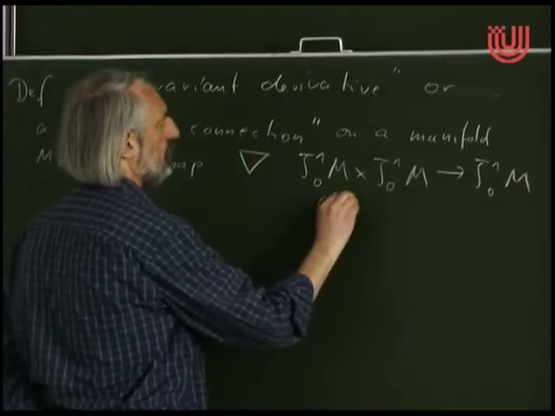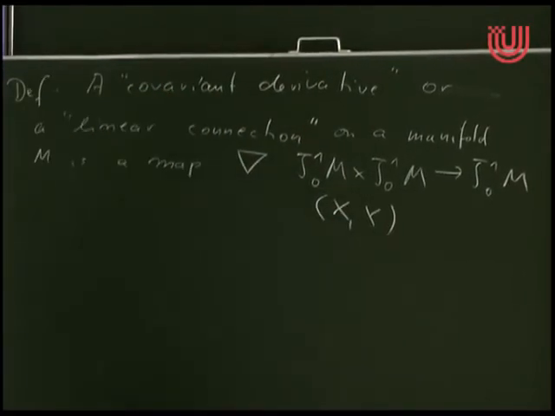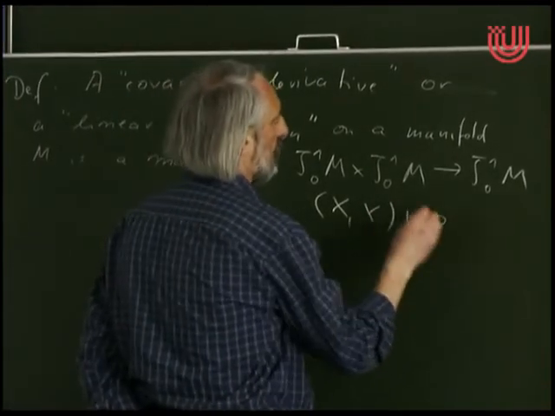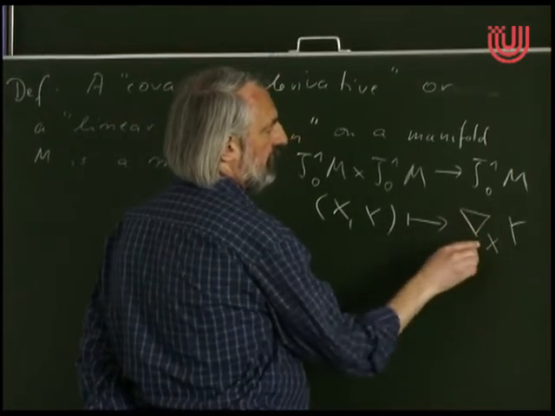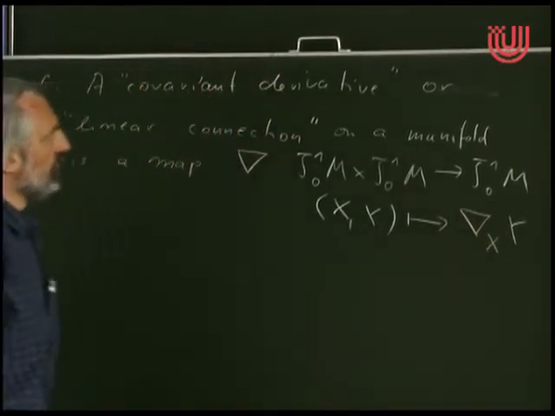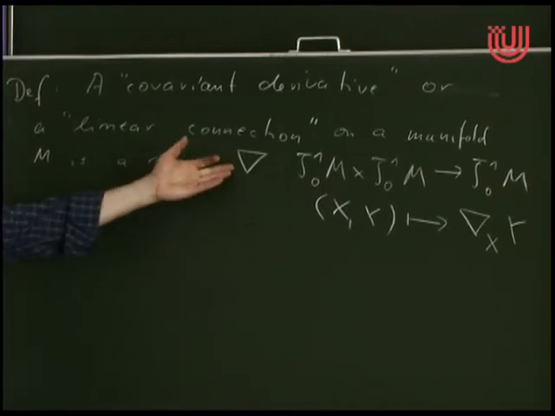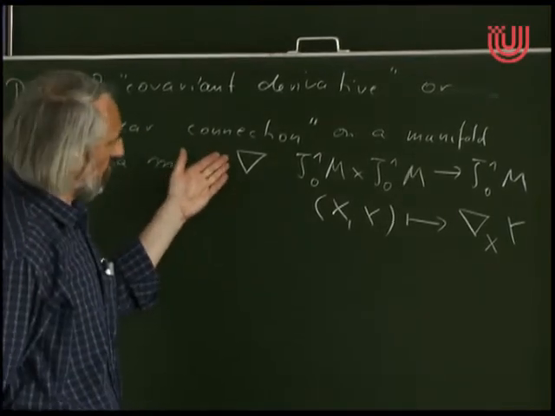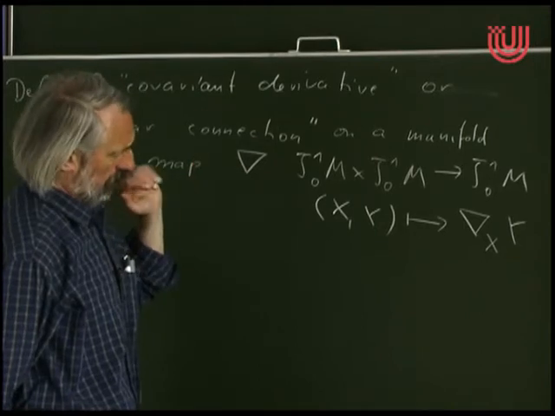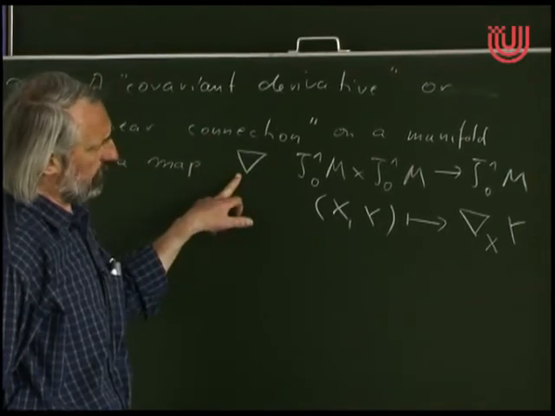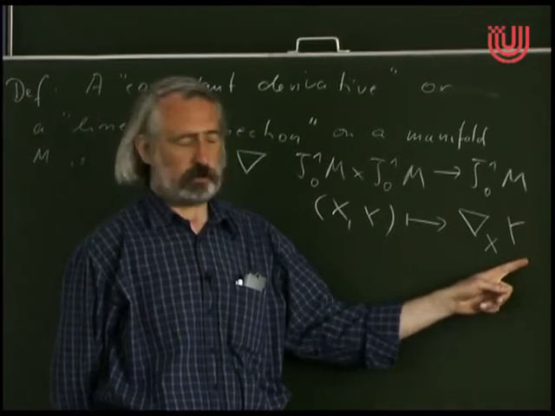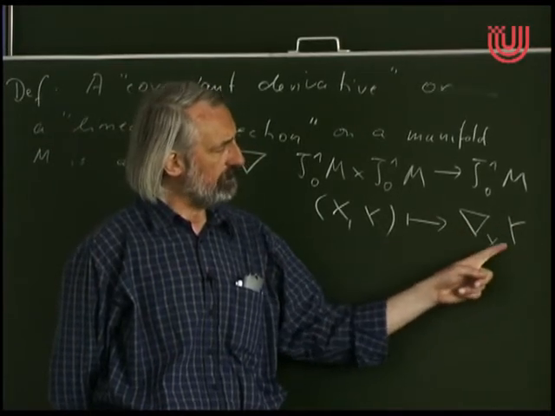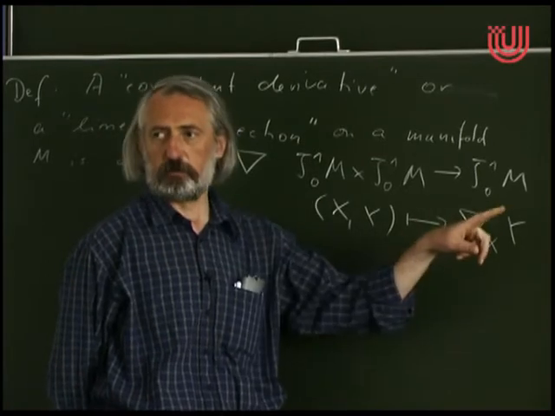So I need two vector fields as the arguments, and then it gives me back a vector field, and this vector field is usually written in this way, that one writes the X as a subscript and then the Y. So the idea is it's supposed to become a differentiation operator, an operator which gives some sort of derivative. So the idea is that the Y is the object which is differentiated, and the X gives the direction in which the derivative acts.